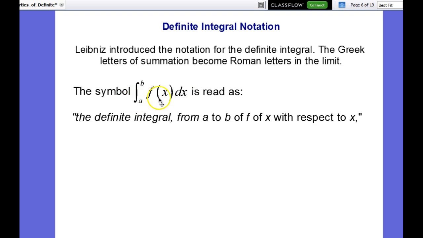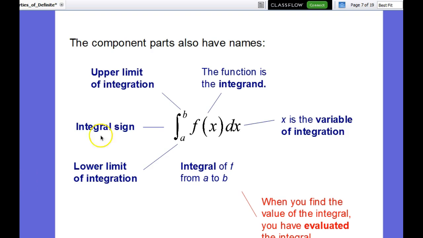So the way that we would read this statement is the definite integral from A to B of f of x with respect to x. So just like we had dx before when we differentiated with respect to x, now we're integrating with respect to x. So let's break this down a little bit further and talk about each of these components.